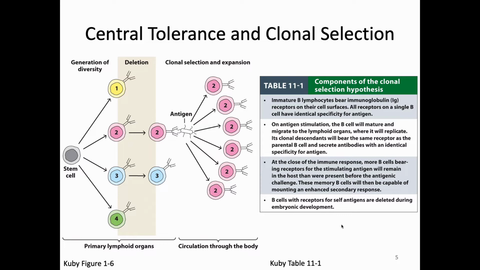There are different kinds of tolerance. Central tolerance, which is what we're seeing an example of here, is a type of tolerance that happens while cells develop. It's the type of tolerance that happens in a primary lymphoid organ. So as B cells develop, they undergo central tolerance processes. Later, when we see T cells developing, they will also undergo central tolerance processes.